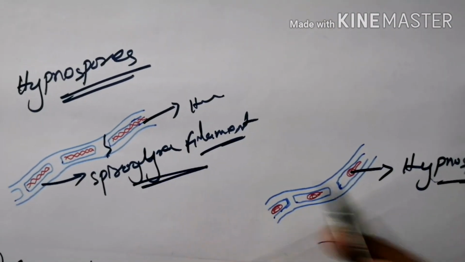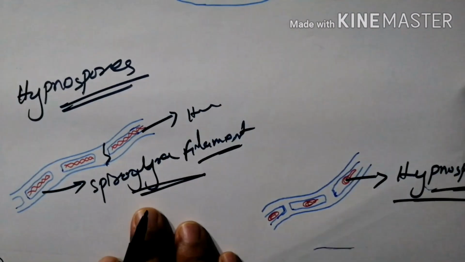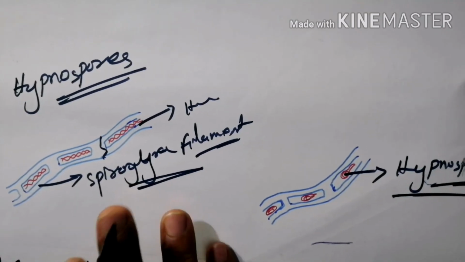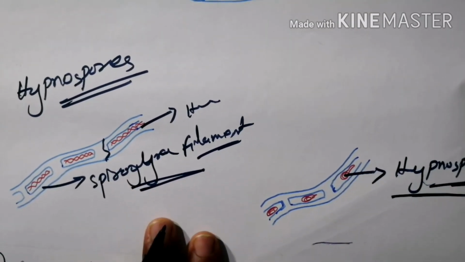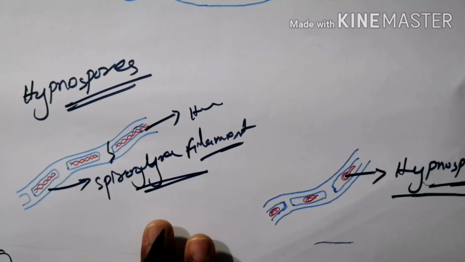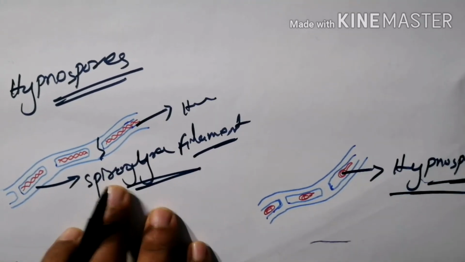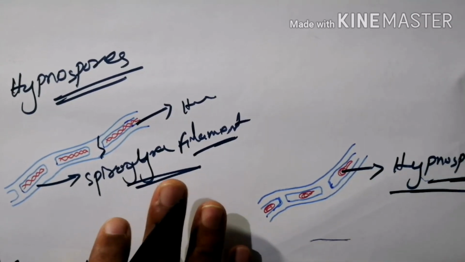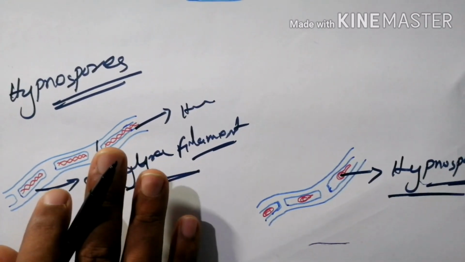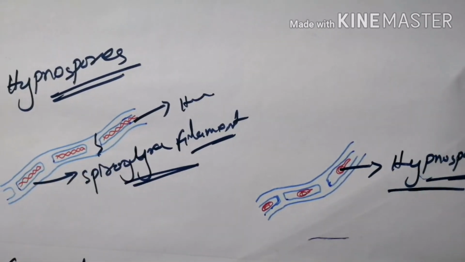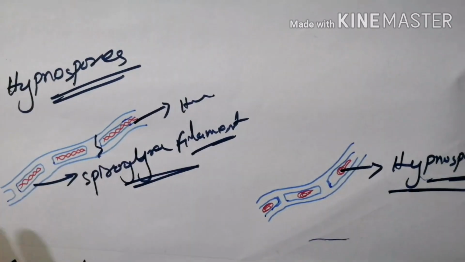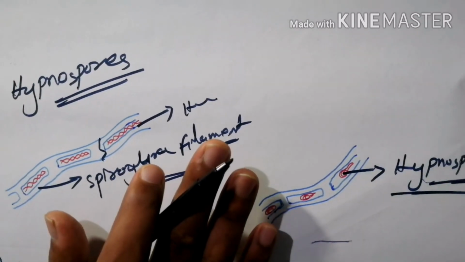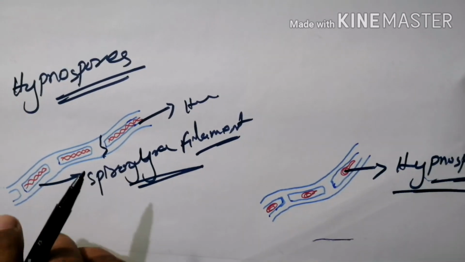Both Spirogyra filaments and Hypnospores are studied in Vaucheria and Chlamydomonas structures. So the Chlamydomonas structure and the Chlamydospores are quite different. Don't get confused about what is Chlamydomonas and what is Chlamydospore. Chlamydospore is a total extra structure, and Chlamydomonas is just an example.